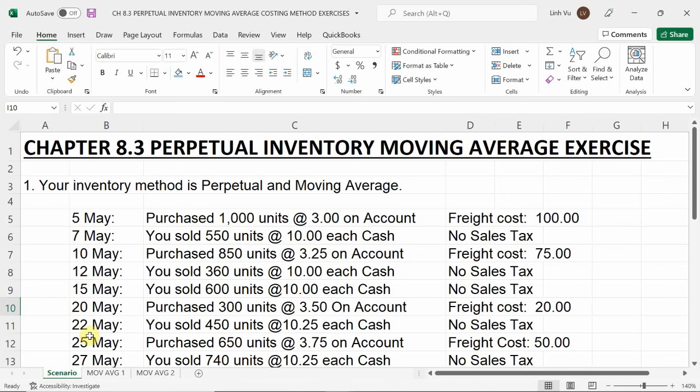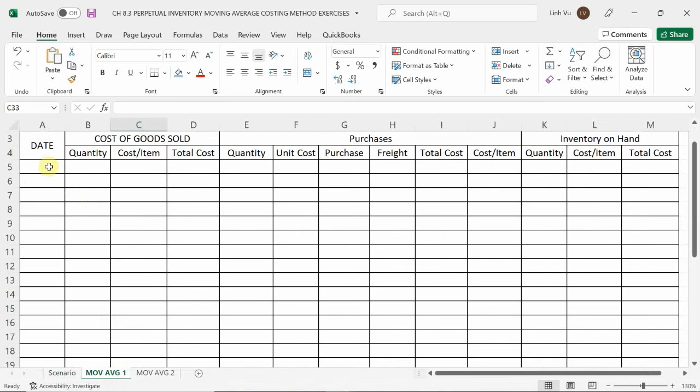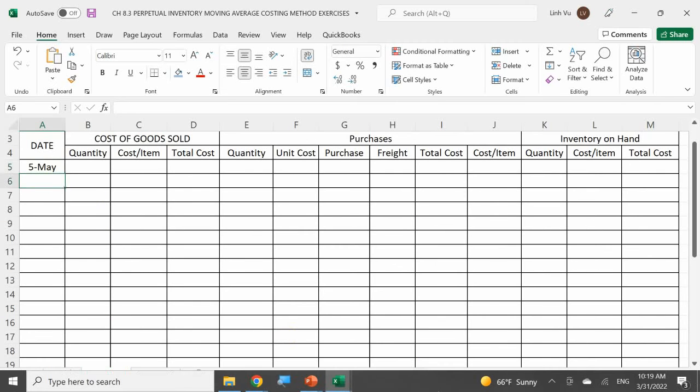Okay? So here on May 5th, we purchased 1,000 units at $3 each with a freight of 100. Okay? So let's go ahead and pop that in there. So we are on May 5th, right? We're going to skip over the cost of goods section because we don't need it.